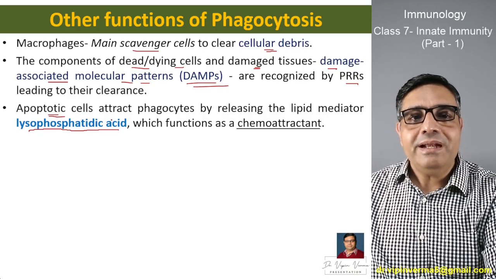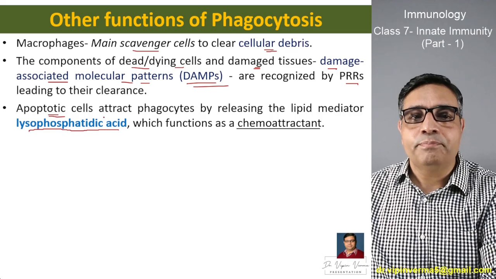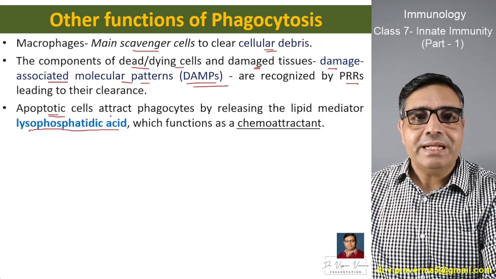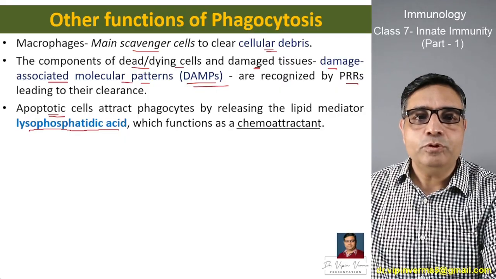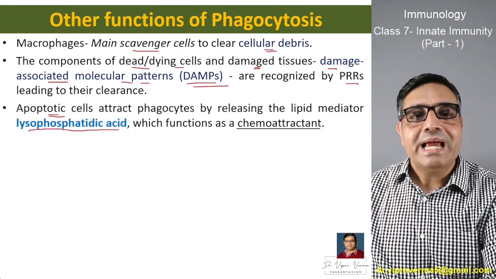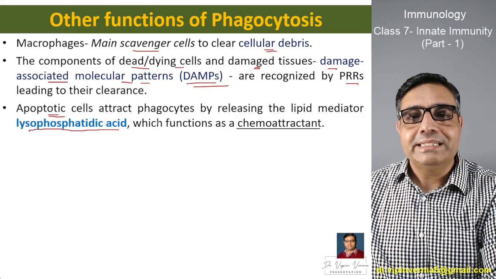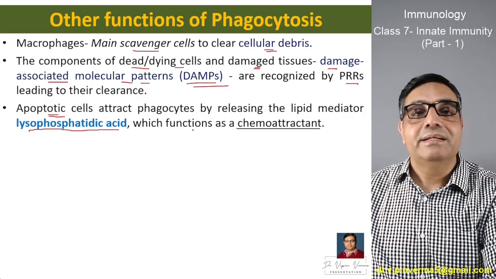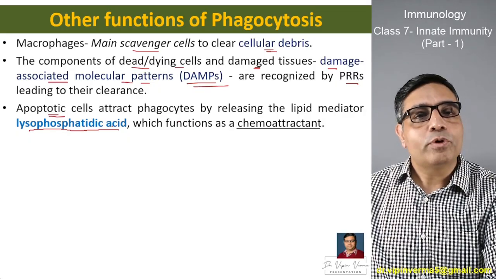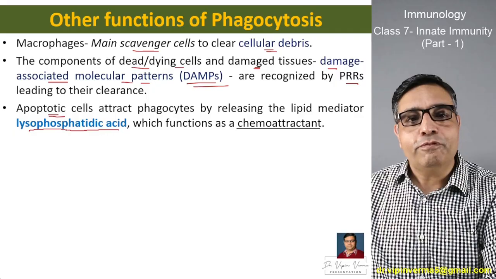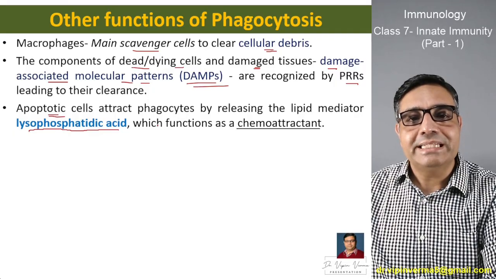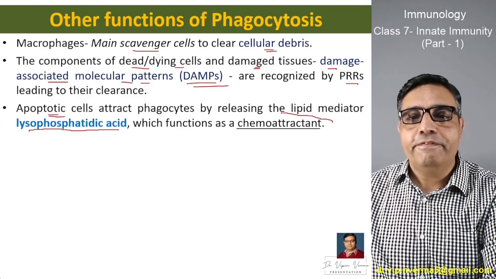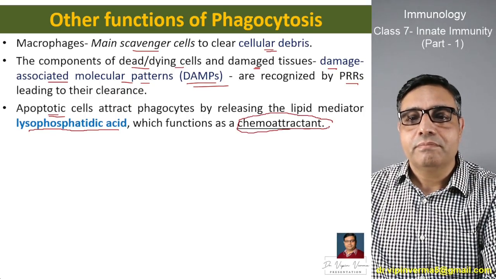Okay, and once this process of apoptosis kicks in, then there is no U-turn, and then the cells release this lysophosphatidic acid, and it attracts these phagocytes, and these phagocytes start eating the components of the apoptotic cells. So basically this lysophosphatidic acid functions as a chemoattractant of phagocytes. Okay.